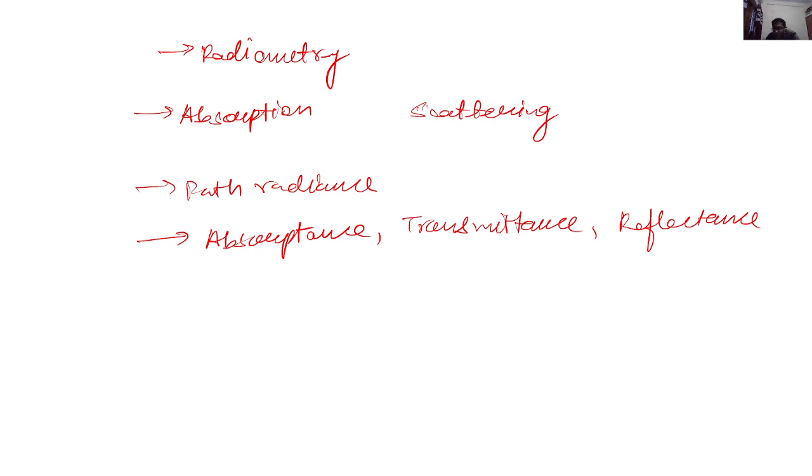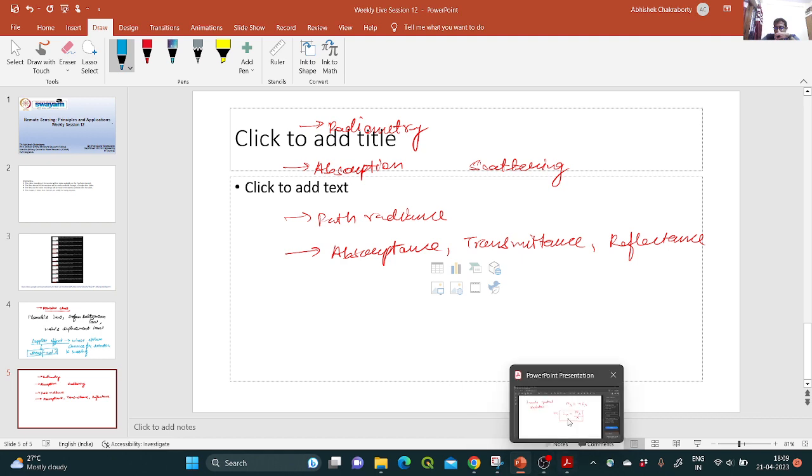The body should be partially or completely transparent, so it would allow the radiation to transmit through it. Absorptance is the absorbed energy by the initial energy. The transmittance is the transmitted energy by the initial energy. Reflectance is the reflected energy by the initial incident radiation. So that is what we learned in this weekly live session.